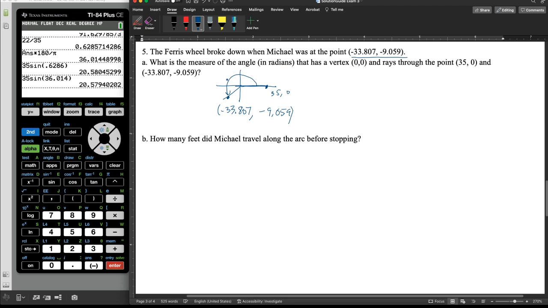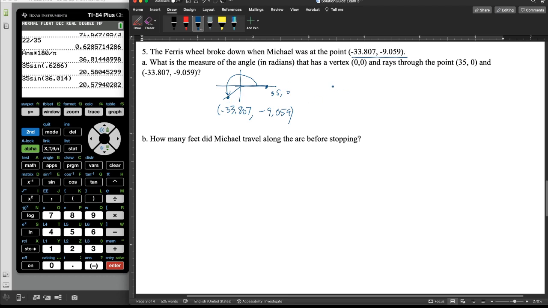So how many degrees is this? Well, we could use either sine or cosine. If we use the x coordinate, we're going to use cosine. If we use the y coordinate, we would use sine. Because on this, we're given the point here.